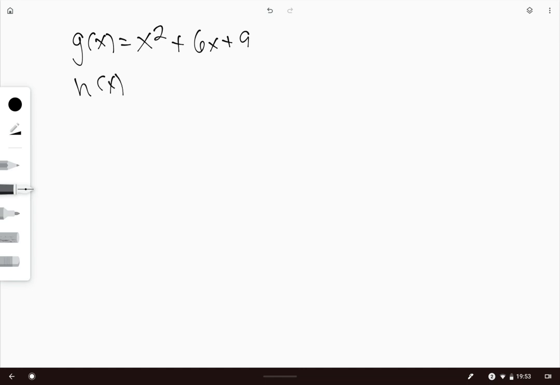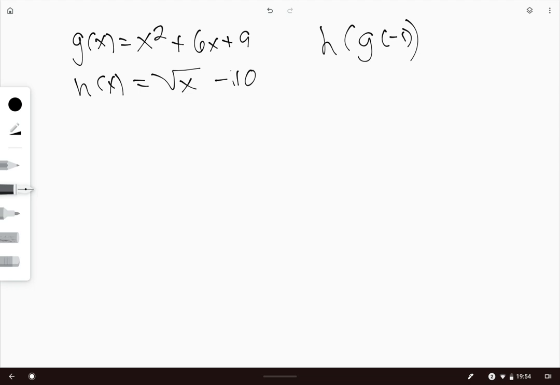And h of x is still going to be the square root of x minus 10. All right, so this time let's find the h of the g of negative 1.